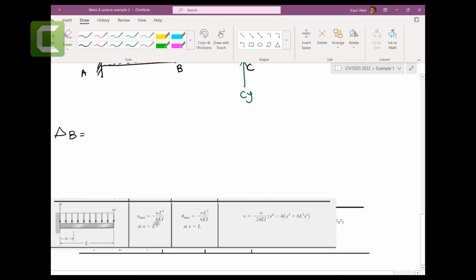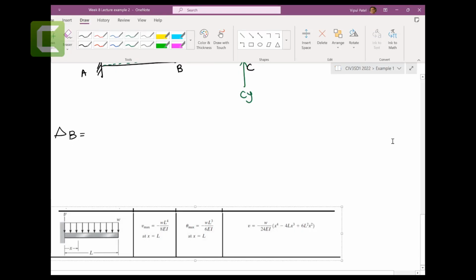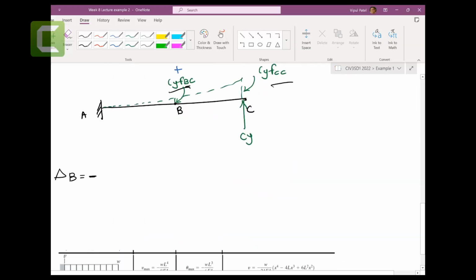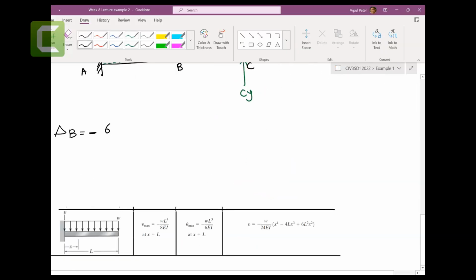Let's get that equation for delta B. We need to find the deflections here. Let's put minus because it's going down. W, what would be the W here? 6. So let's put the 6 there, over 24 EI.